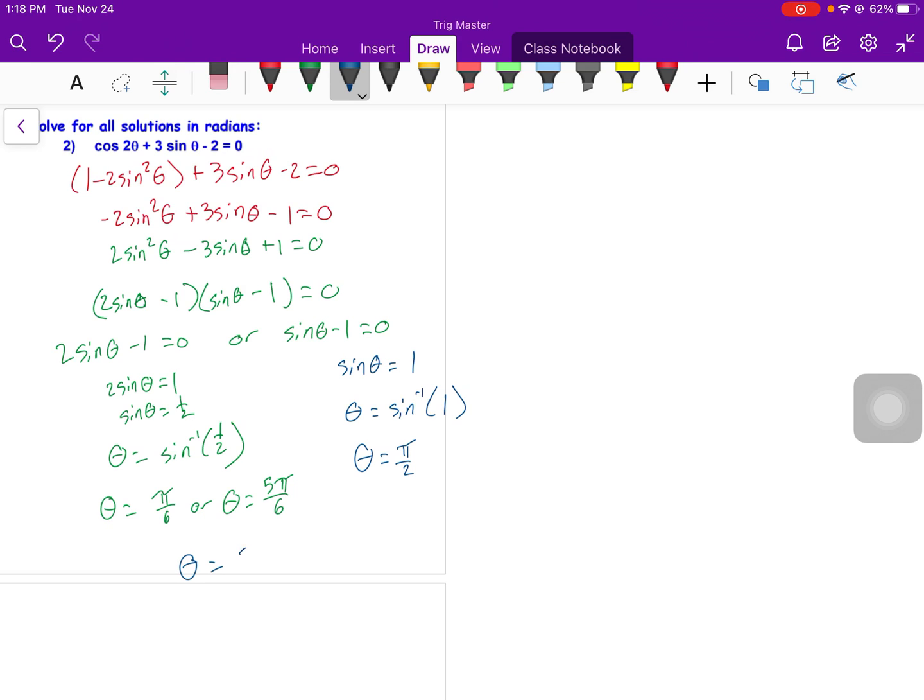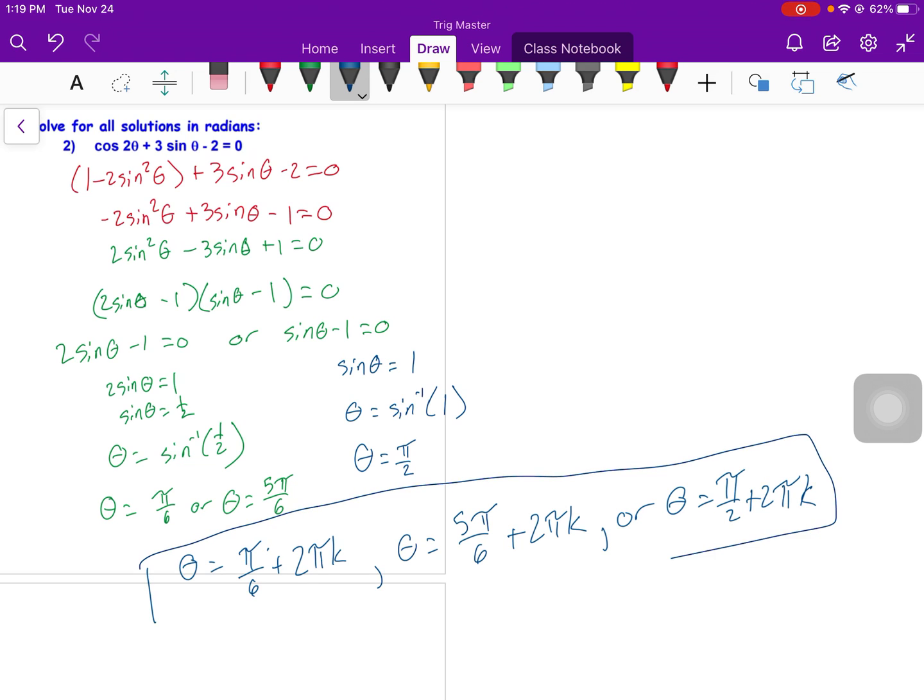So I'm going to actually have theta equals pi over 6 plus 2 pi k, theta equals 5 pi over 6 plus 2 pi k, or theta equals pi over 2 plus 2 pi k. Where again, k is just counting up how many times you spun all the way around the circle.